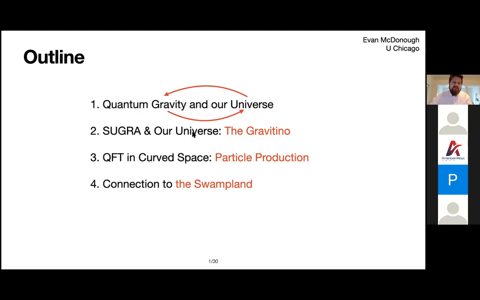And what does supergravity get you, ostensibly, is the gravitino. So a large part of the focus today is studying the quantum field theory of the gravitino in curved space, and one of the most fascinating aspects of quantum field theory in curved space, which is the production of particles when the vacuum state of your theory is changing. And then I'm going to talk about the possible connection of this to the Swampland program in the string theory community.